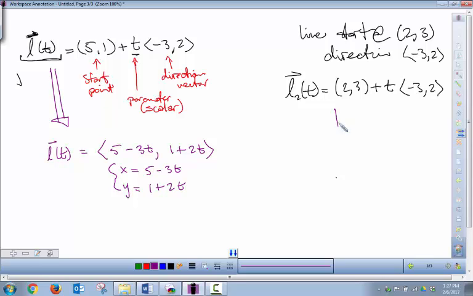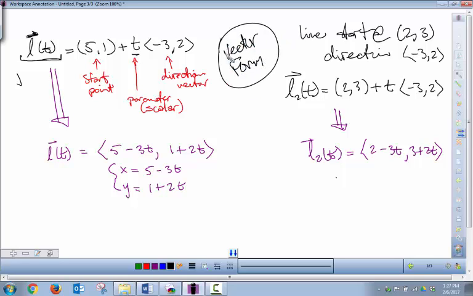I can do the same over here. Is that cool? So we went from the vector form to the parametric form.